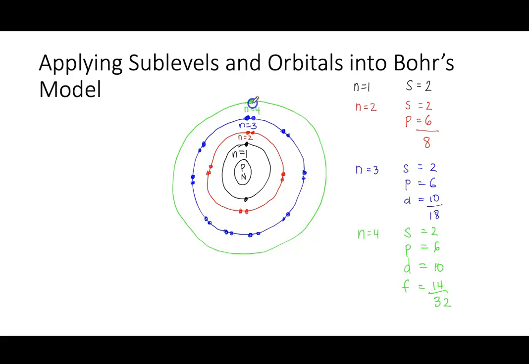So as you can see, 1, 2, 3, 4, 5, 6, 7, 8, 9, 10, 11, 12, 13, 14, 15, 16, 17, 18, 19, 20, 21, 22, 23, 24, 25, 26, 27, 28. I'm trying to find a space. 29, 30, and 31. Oops. 31 and 32.